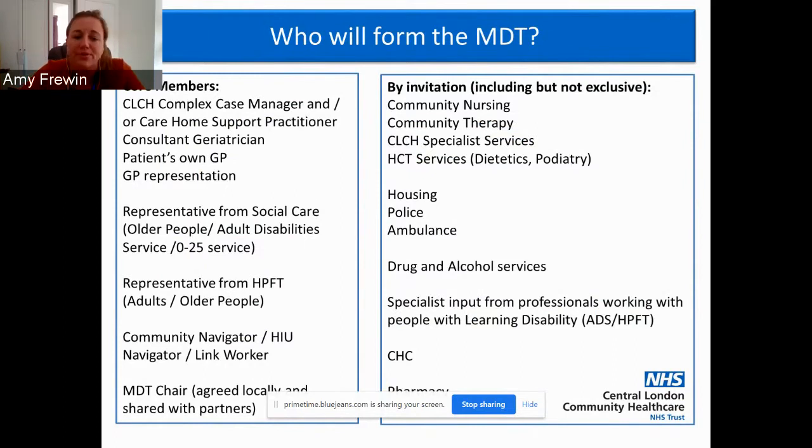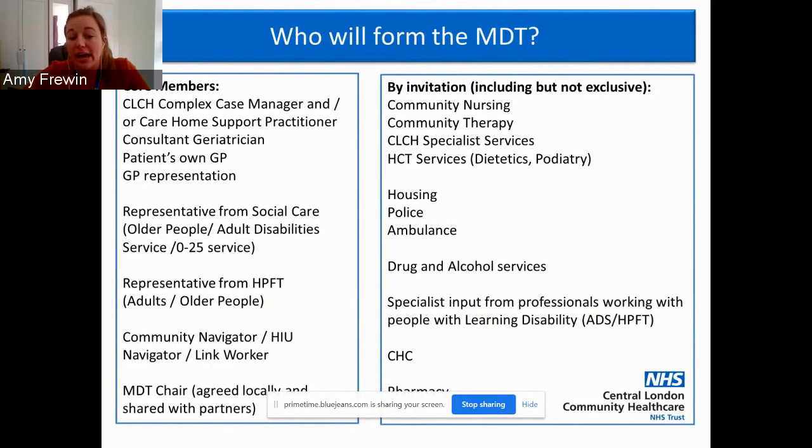We have representatives from social care, so across the different services, so whether it's older people's, adult disability service or the 0 to 25 service. Same from HPFT, so adults and older people's, and our community navigators, high intensity user navigators, or link workers with the GP surgery. So as I said, depending on the case being discussed, some of that membership might change slightly, but we'll have representation from those core groups.